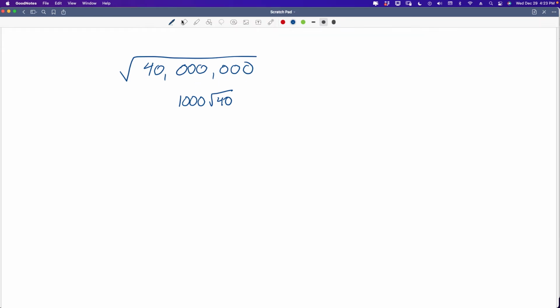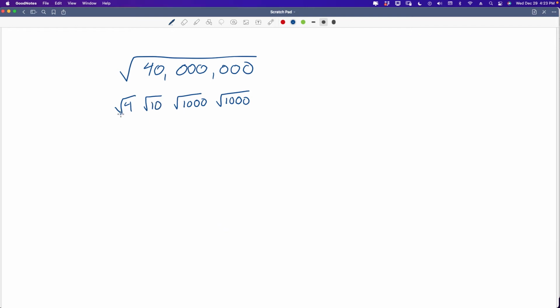We said the square root of 40 times the square root of 1,000 times the square root of 1,000, right? 1, 2, 3, 1, 2, 3. And then this one is all by himself. 40 can factor into the square root of 4 times the square root of 10, right?